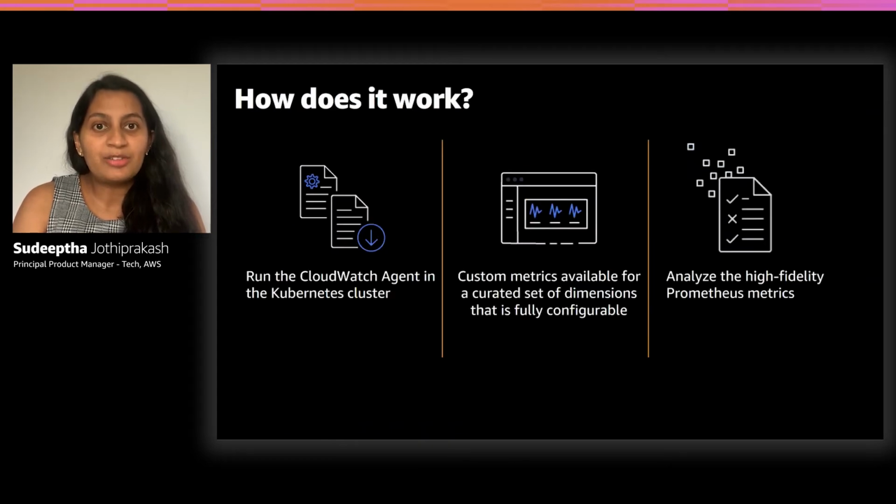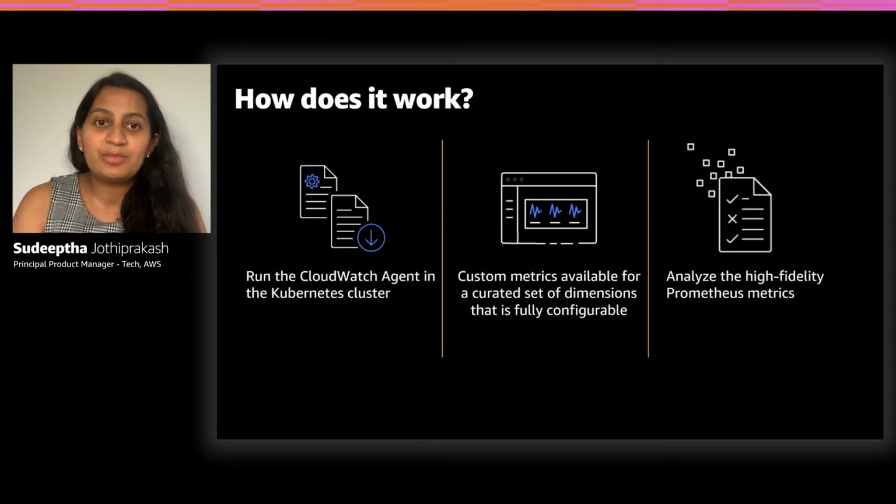You can start by running the CloudWatch agent on the Kubernetes cluster. The agent supports Prometheus configurations, discovery, and publishing all the high-fidelity Prometheus metrics and metadata. As mentioned earlier, custom metrics available for curated sets of dimensions that are fully configurable are available with this release.